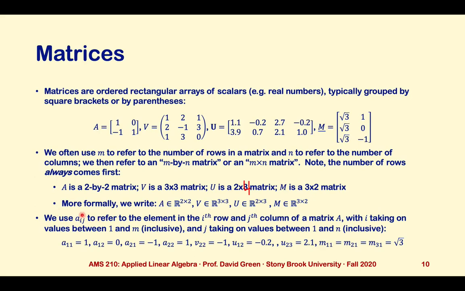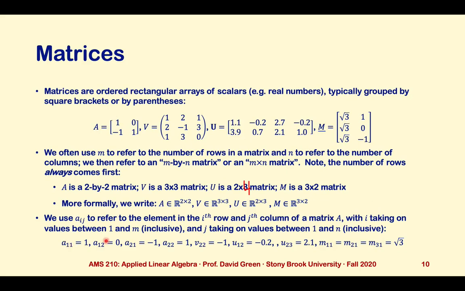Just as we use subscripts to denote a specific element in vectors, we do the same with matrices. We use the notation A sub ij to refer to the ith row and jth column in a matrix. So A11 is the element in the first row and first column.